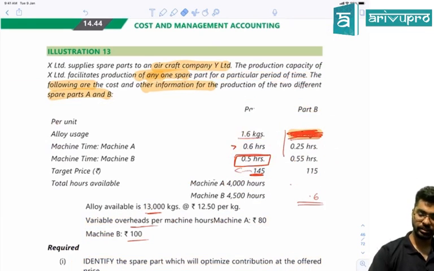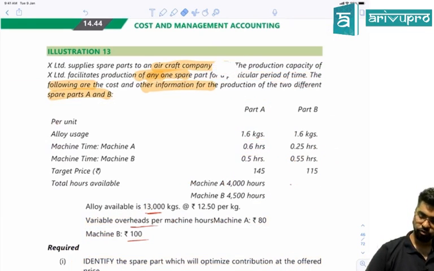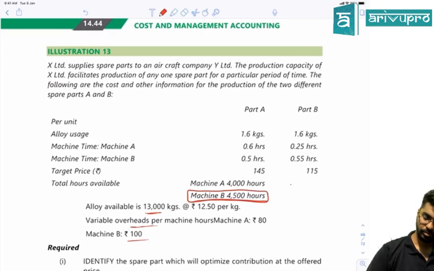Now see here, machine hours B has 4,500 hours. That means you are only utilizing the 3333 hours, correct?